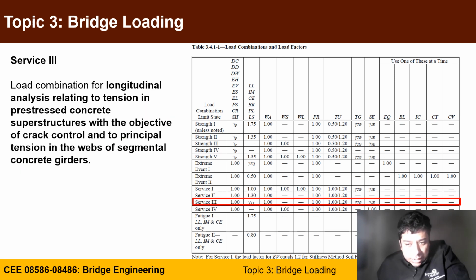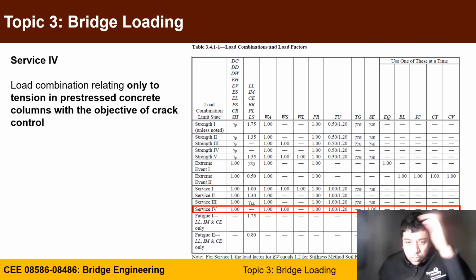Service 3 is more like a pre-stressed load combination, analysis related to tension in pre-stressed concrete superstructure, with the objective to control the cracks and principal tension in the webs of segmental bridge concrete. So you usually have service 1 for steel and service 2 for pre-stressed. Service 4 is only for tension in pre-stressed columns when subject to crack control.